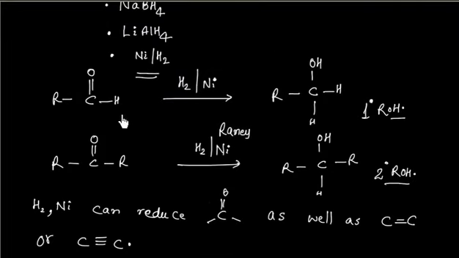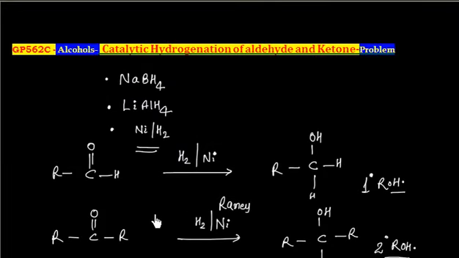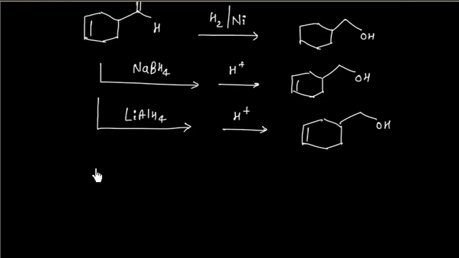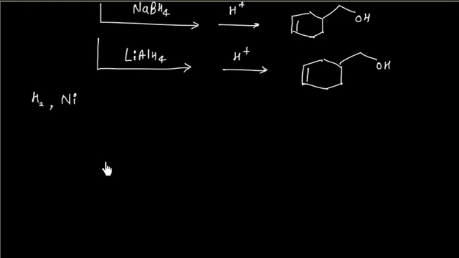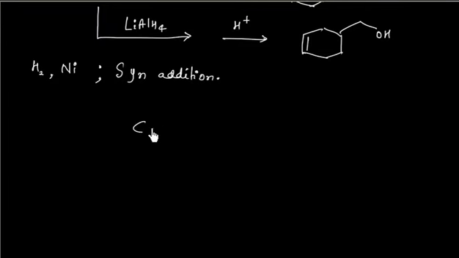Addition of hydrogen to carbonyl group is syn addition. So H2 in the presence of nickel, this addition is a syn addition. This means if I have C double bond O, let us say I have methyl this side and I have ethyl this side.